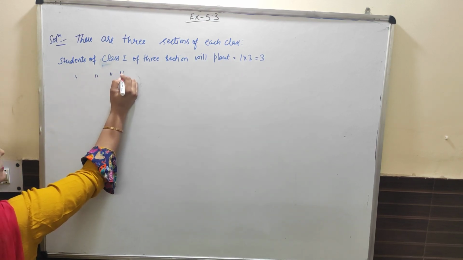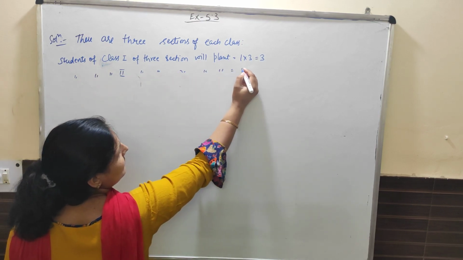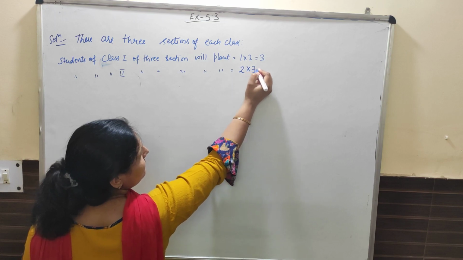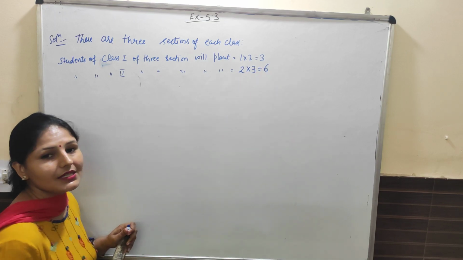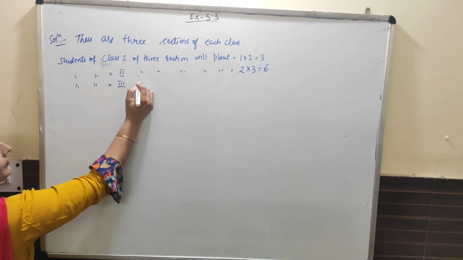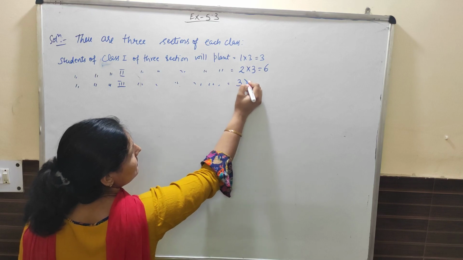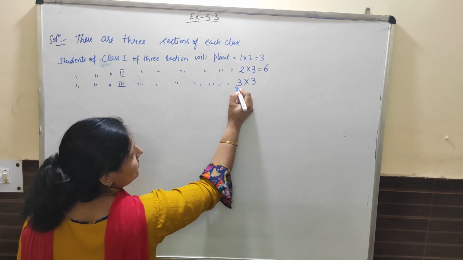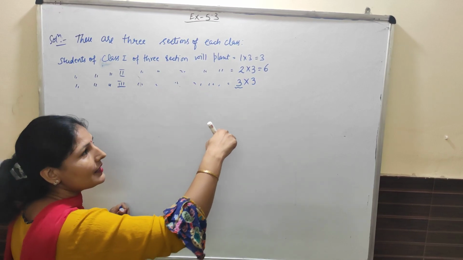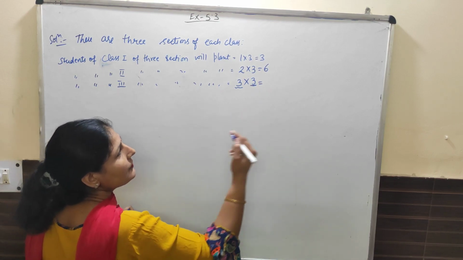Students of class 2 of 3 sections will plant 2 into 3, which is equal to 6. And students of class 3 of 3 sections will plant 3 into 3; this 3 is for the class and this 3 is for the number of sections.